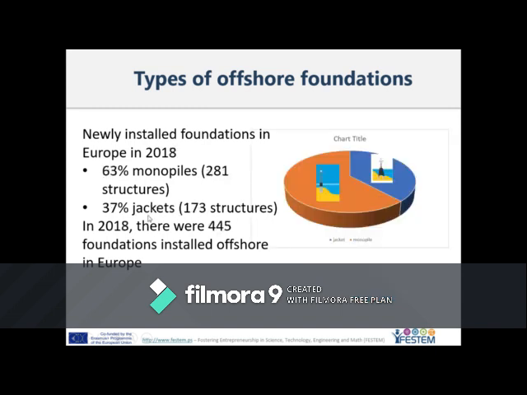If we look at this figure in 2018, we notice 60% monopiles and 37% jackets. That means the jacket structure is starting to pick up. Its share is higher than in 2015. In 2018, we notice the number of jackets increased, and we're gonna notice why.